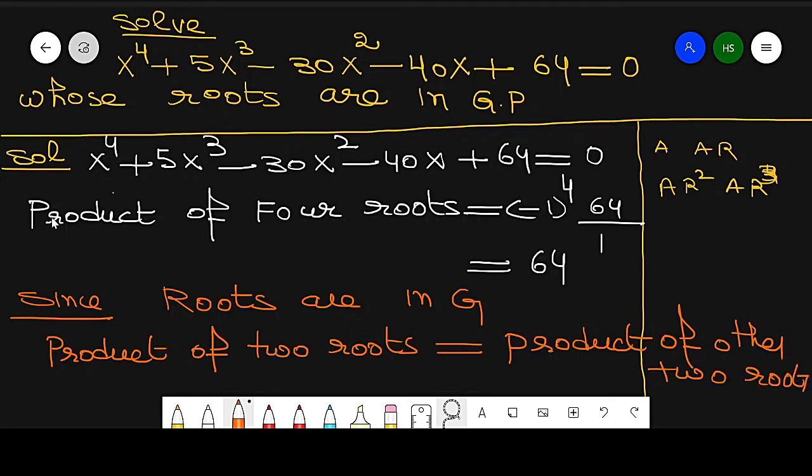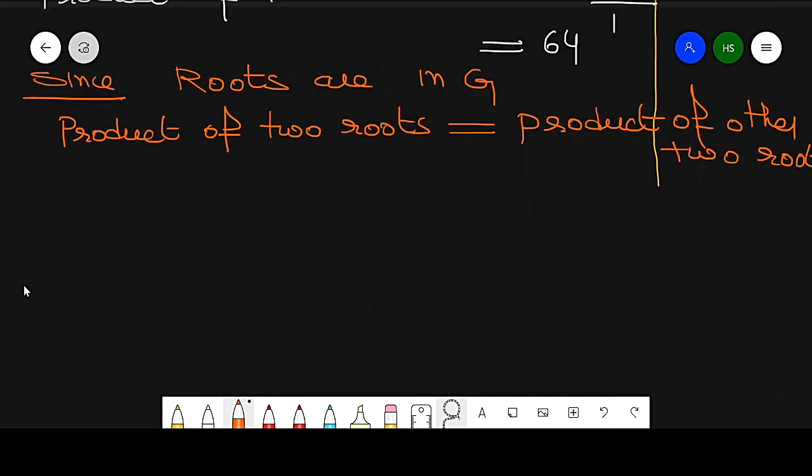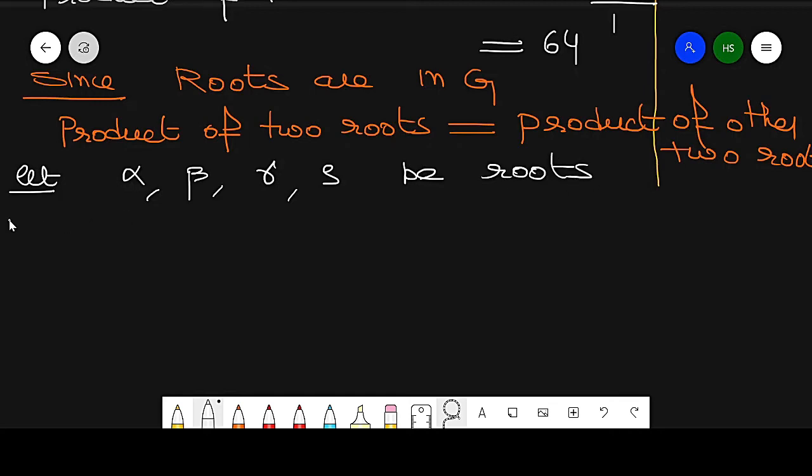So let alpha, beta, gamma, delta be the roots of equation 1.